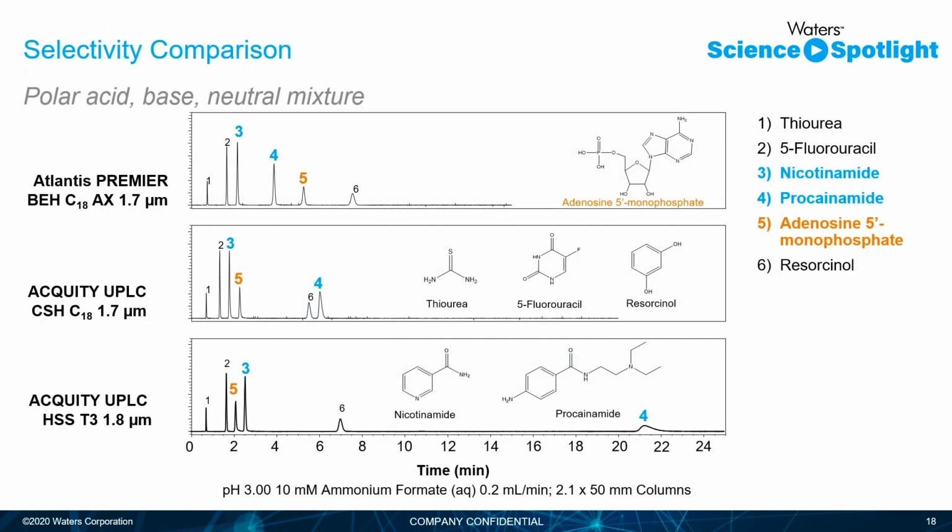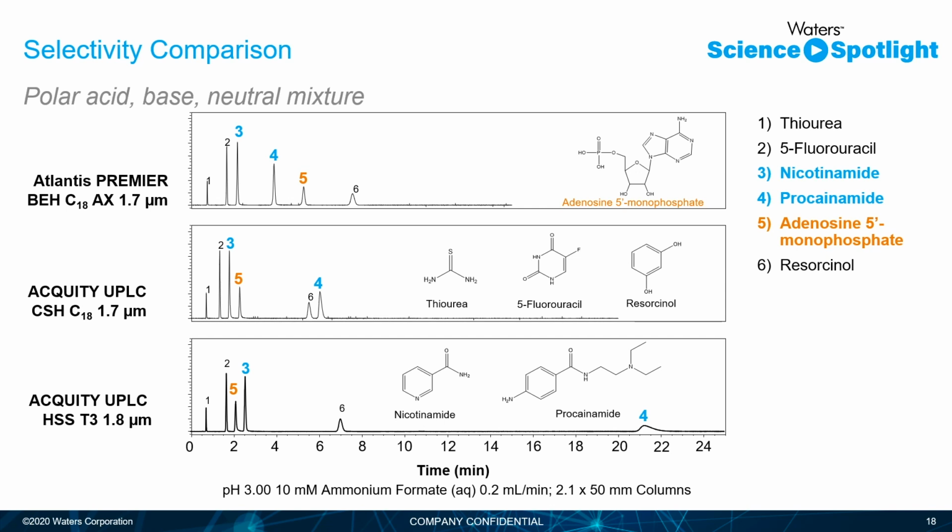Lastly, we wanted to look at the selectivity comparison for a mixture of polar acids, bases, and neutrals. If we look at the Atlantis Premier BEH C18 AX column on the top, you can see that peak 5, which is the acidic peak adenosine 5 monophosphate, has much more retention for the acidic probe on this stationary phase due to anion exchange.